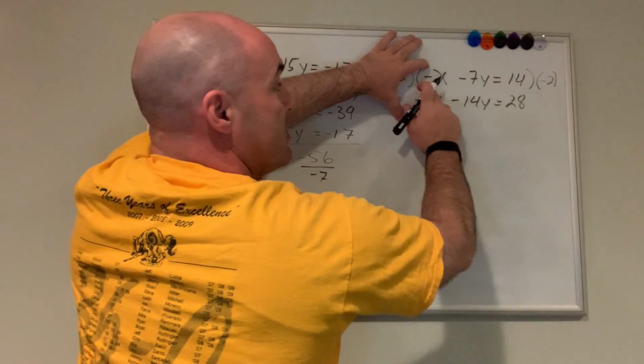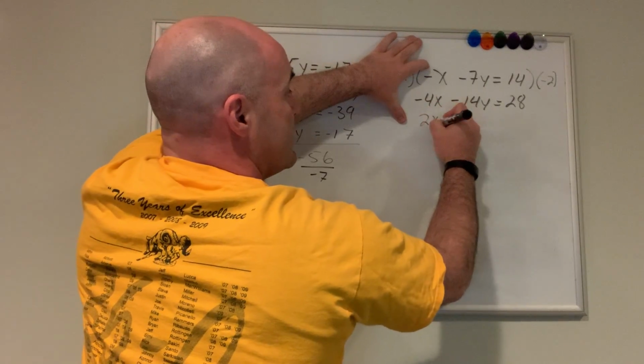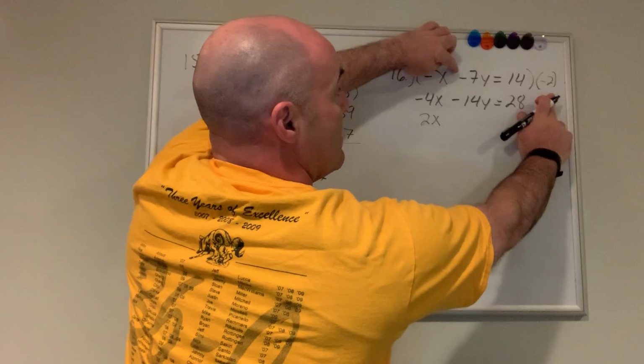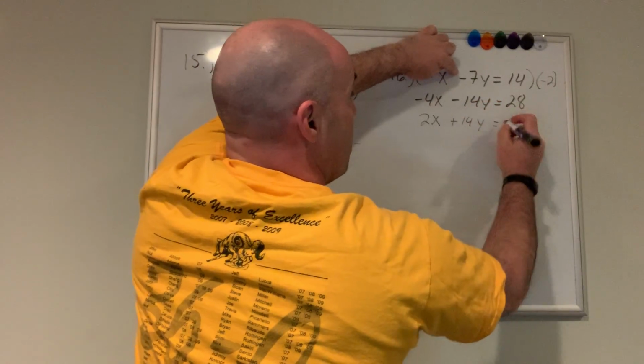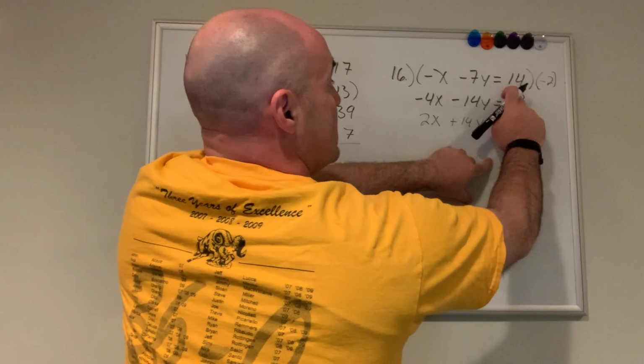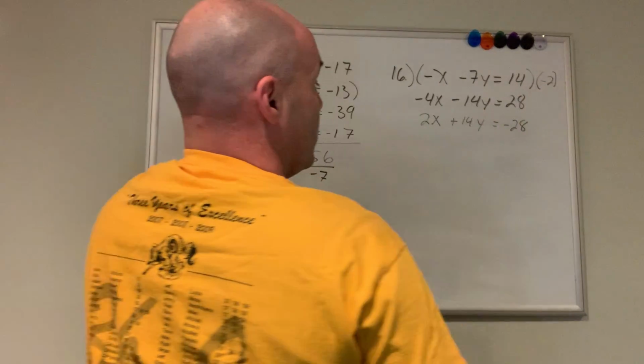So negative 2 times negative x is positive 2x. Negative 2 times negative 7y is positive 14y. And negative 2 times 14 is negative 28.